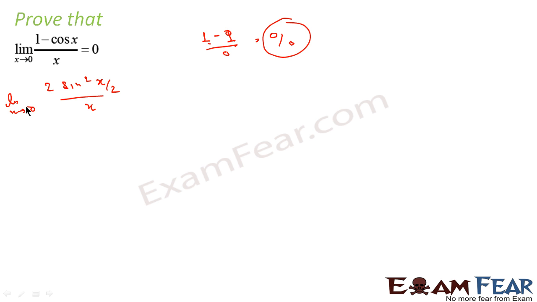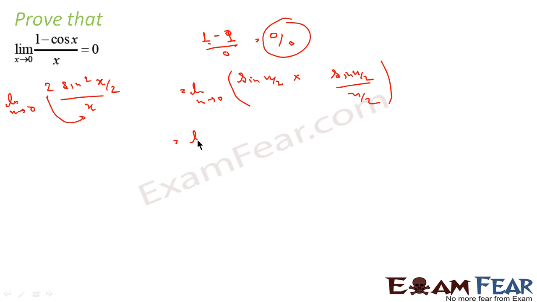Or we can write this as sine of x by 2 into sine of x by 2 by x by 2, just 2, I will take this side, the whole thing, limit x tends to 0. Or I can write this as limit of x tends to 0 sine x by 2 into limit of x tends to 0 sine of x by 2 by x by 2. I can write this.